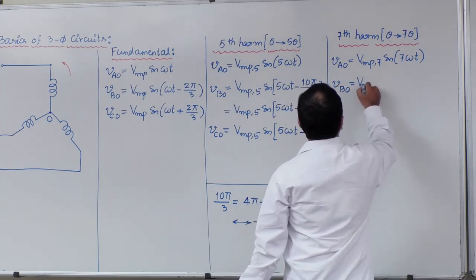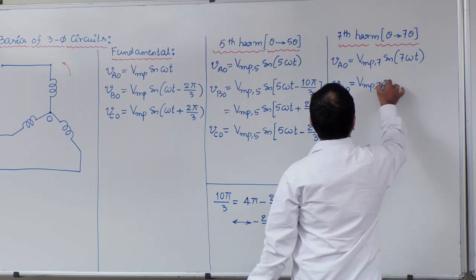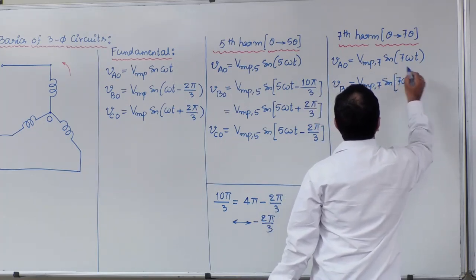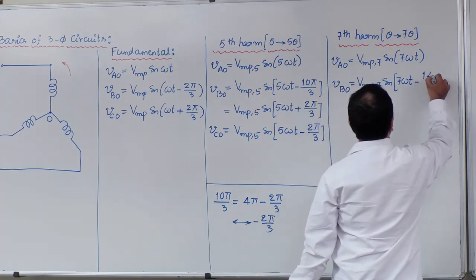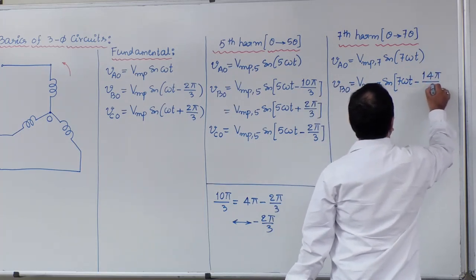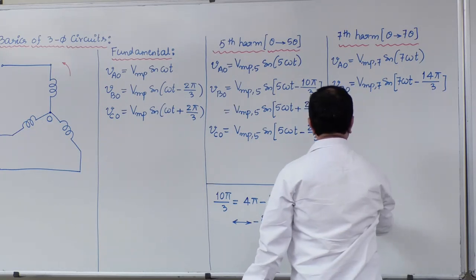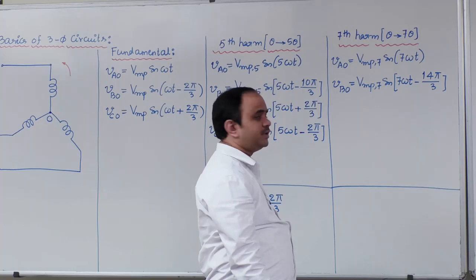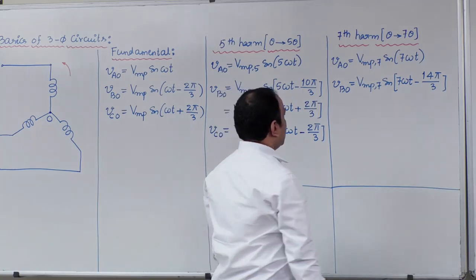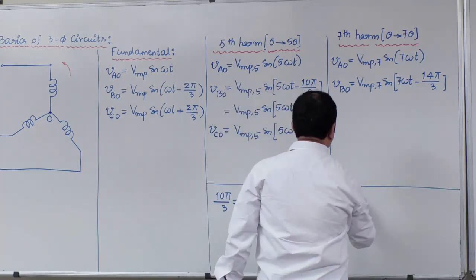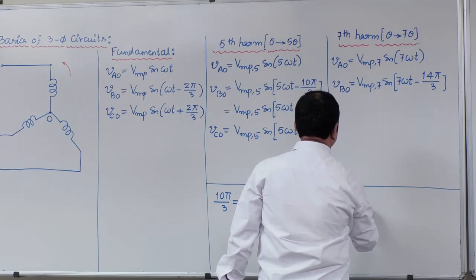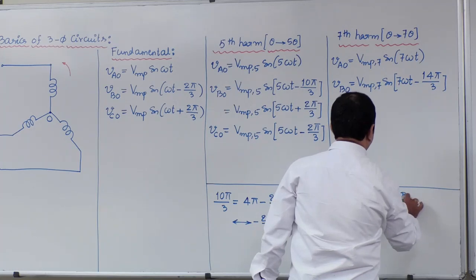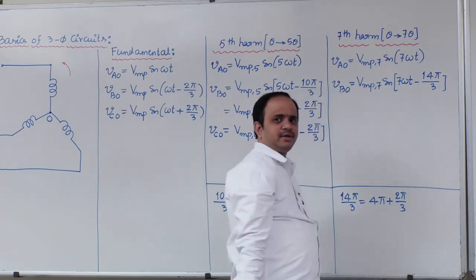VBO is equal to VMP7 sin of 7 omega t minus 14 pi by 3, right? How can you express 14 pi by 3? It is 4 pi plus 2 pi by 3.